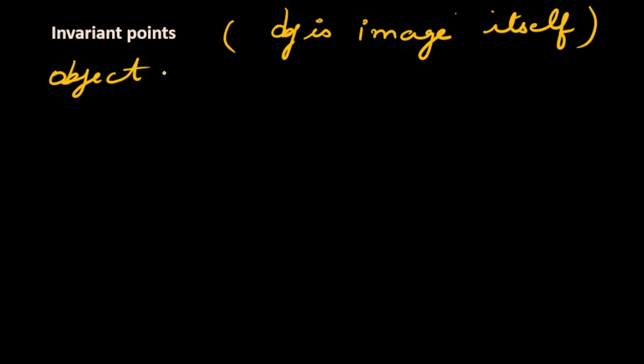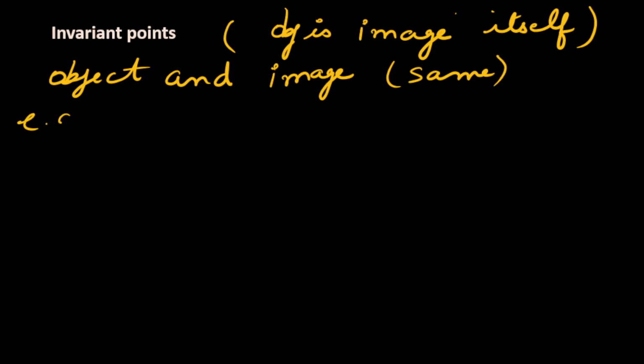When object and image both of them are the same, those types of points are known as invariant points.